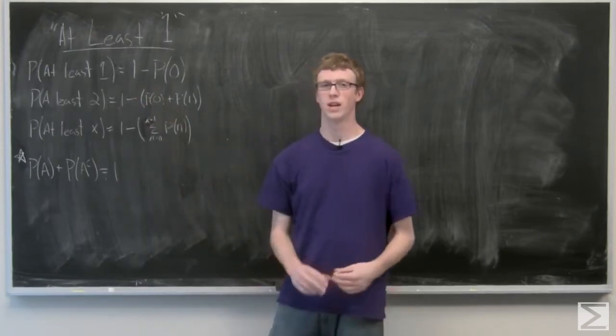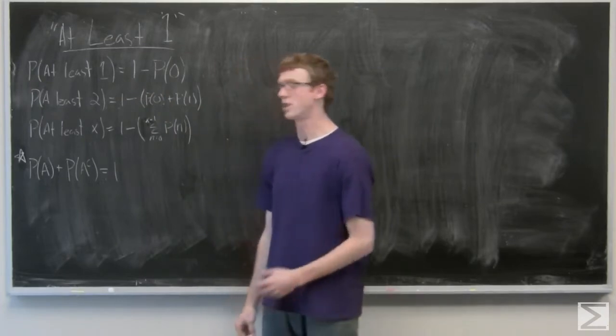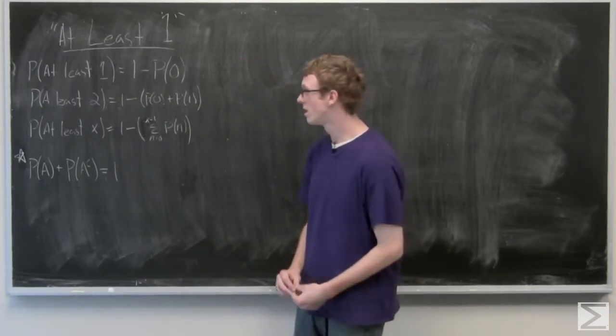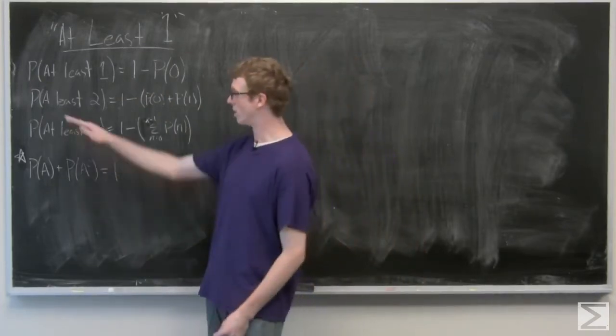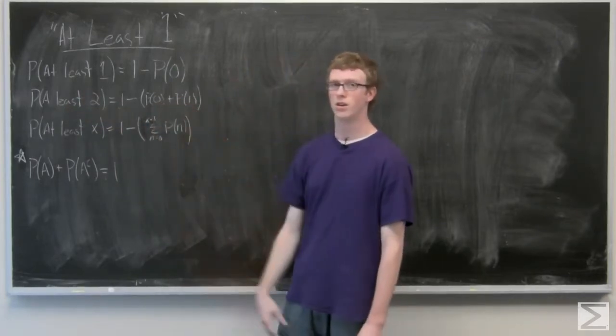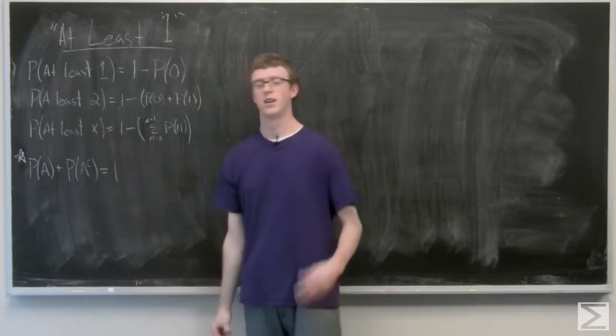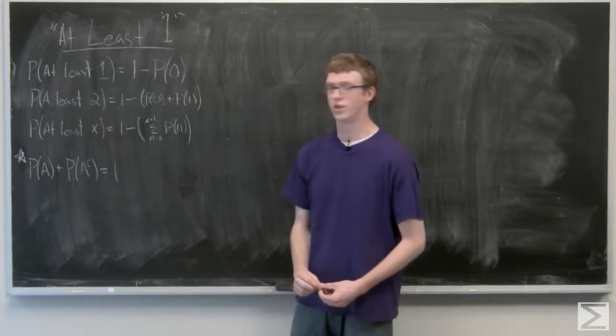The probability that we get at least one success is equal to 1 minus the probability that we get no successes. The probability of at least 2 is 1 minus the sum of 0 and 1 success. And we can extend that to the general case.